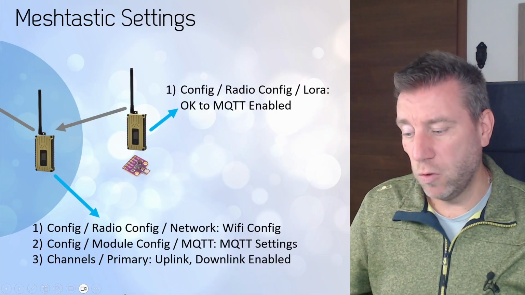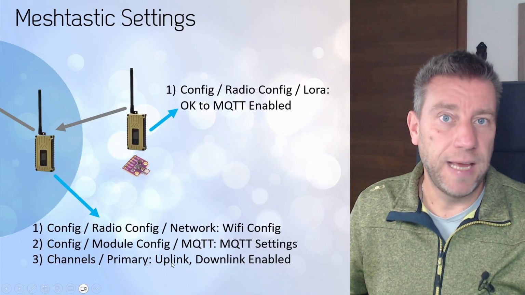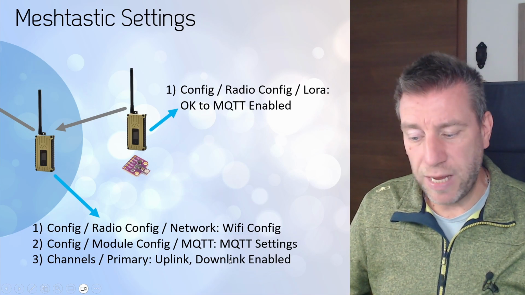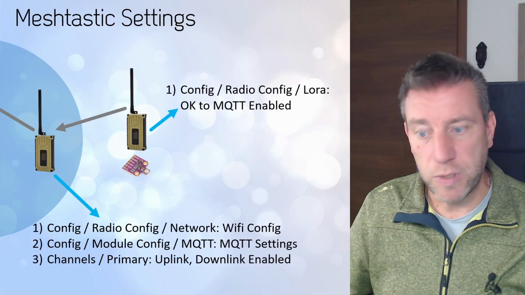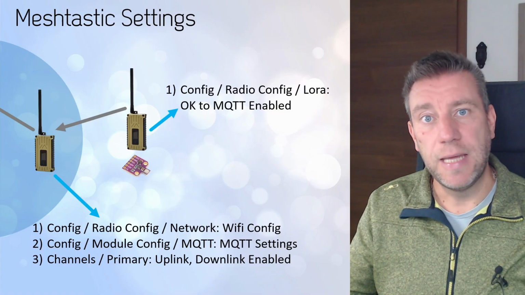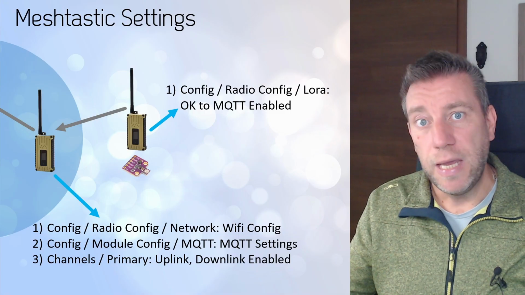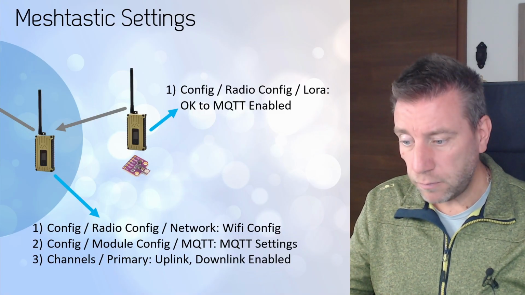Then in the channel configuration, you have to tell it to enable the uplink. I enabled uplink and downlink as well, but for the time being we are going to use uplink. That basically says that everything which is received on the LoRa network will be pushed to MQTT as well.